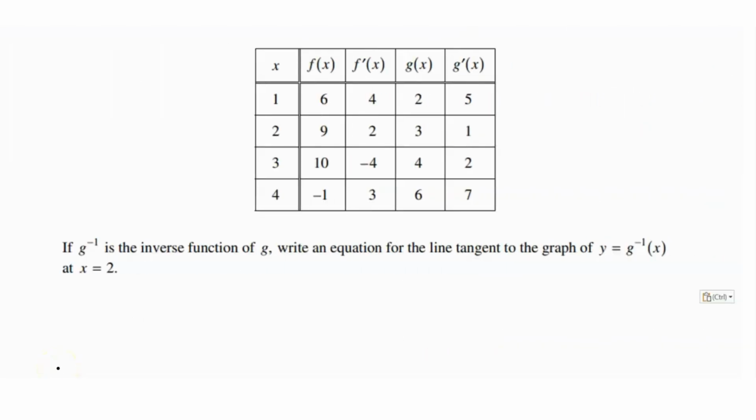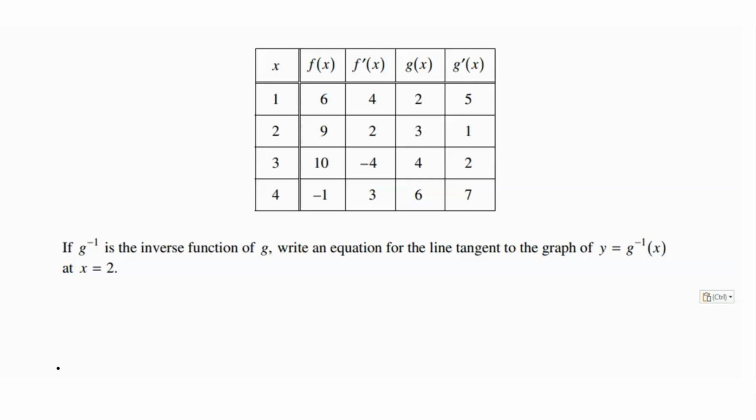Okay, so I'm going to finish the video with an AP-like problem. This is from the 2007 AP Calculus AB test, FRQ. We're given a table of x values with f prime, g, and g prime.